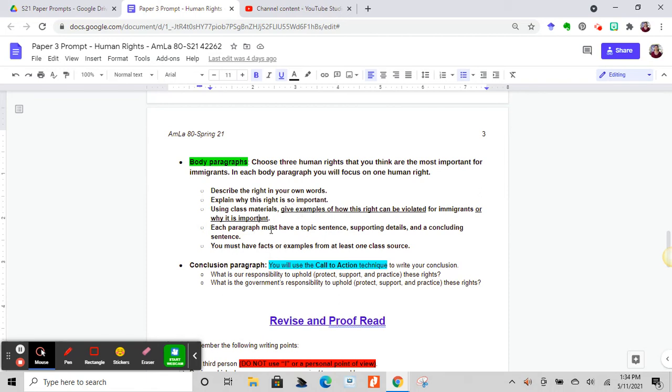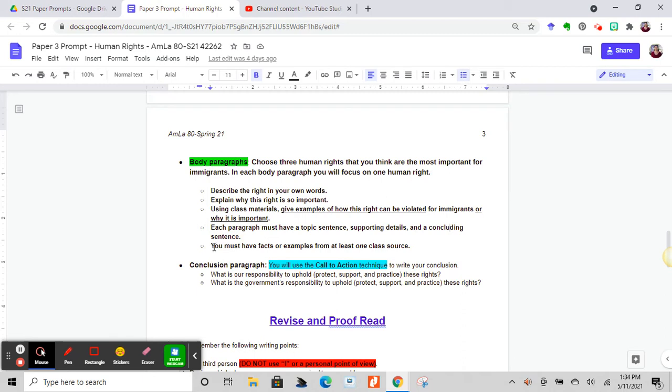Okay, remember that each of your body paragraphs and really every paragraph should have a topic sentence, supporting details, and a concluding sentence. Don't forget those important topic sentences and concluding sentences for each paragraph, except your introduction paragraph, of course, because that should end with your thesis statement.